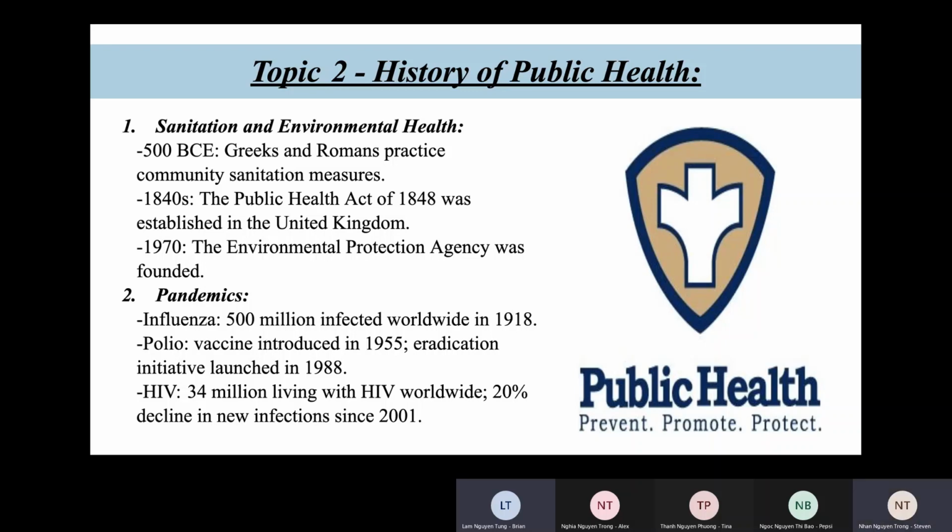A century ago, the Spanish flu infected 500 million people around the world, including in remote Pacific islands and the Arctic. It killed between 20 to 50 million people.